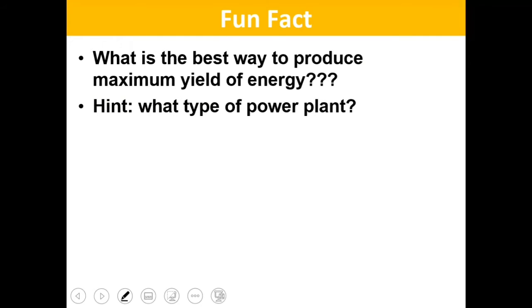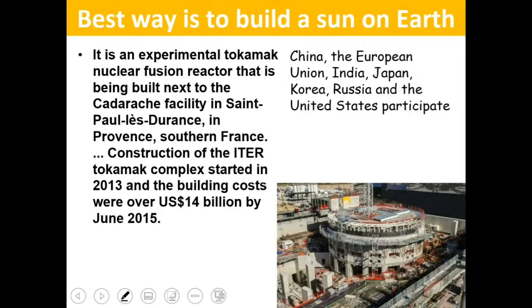In the 21st century, what is the best way you think humanity can produce the maximum yields of energy? What type of power plant is being developed right now? And the answer is this. We're basically building a sun. It is an experimental tokamak nuclear fusion reactor.